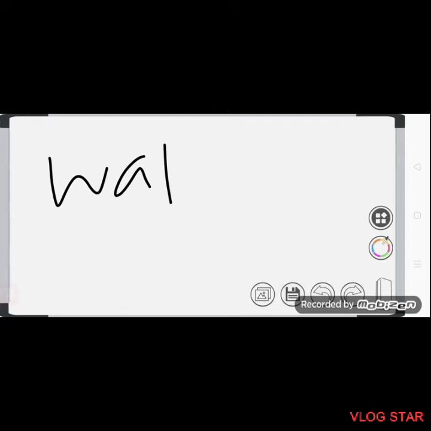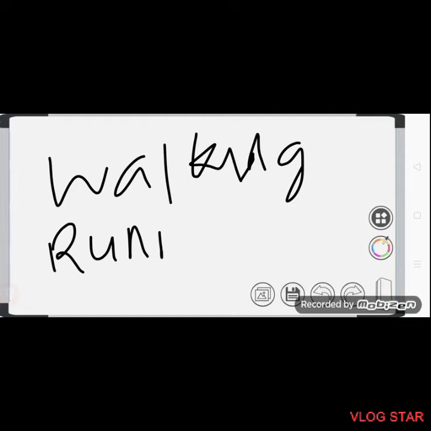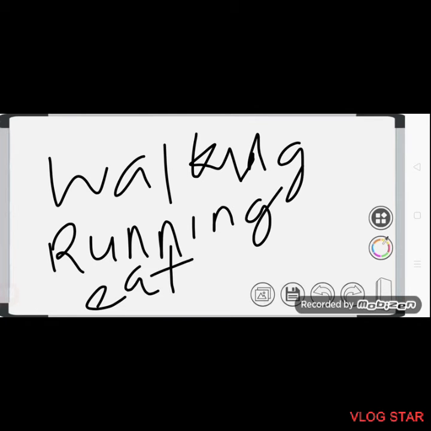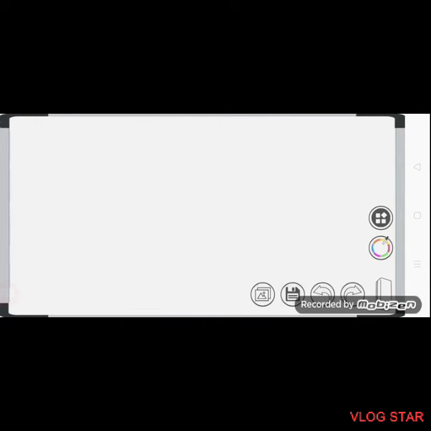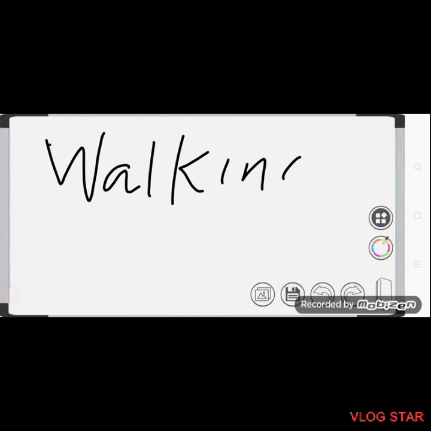Walking, an example of a verb, running, eating. These are examples of verbs. So verb is a doing word. Walking, നടക്കുന്നു എന്നുള്ളതിന് walking, it is a doing word. You have to name this. Running.